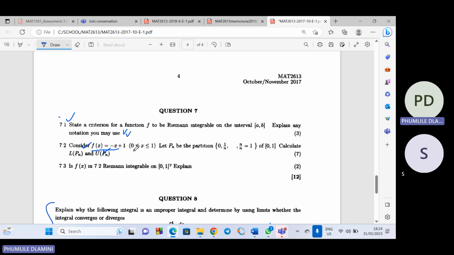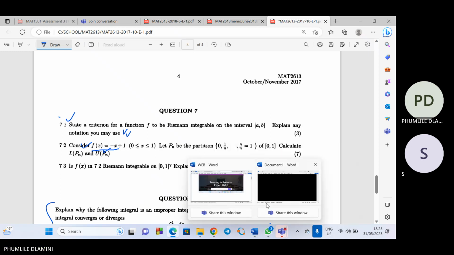In 7.2, our interval is 0 to 1. Okay, it's fine. It is minus x plus 1. So our function there is minus x plus 1.